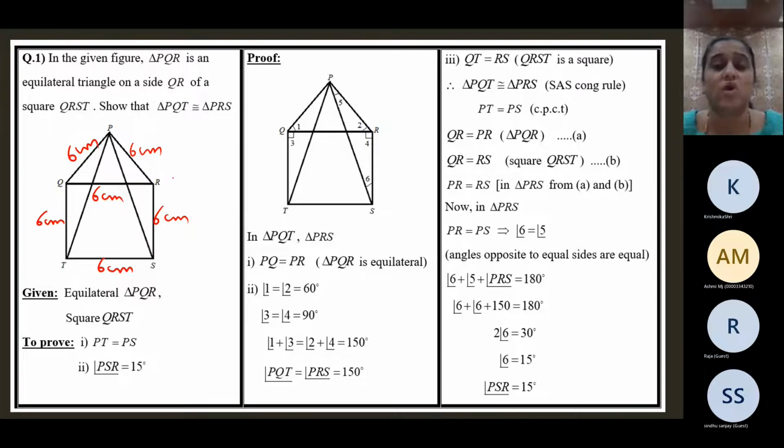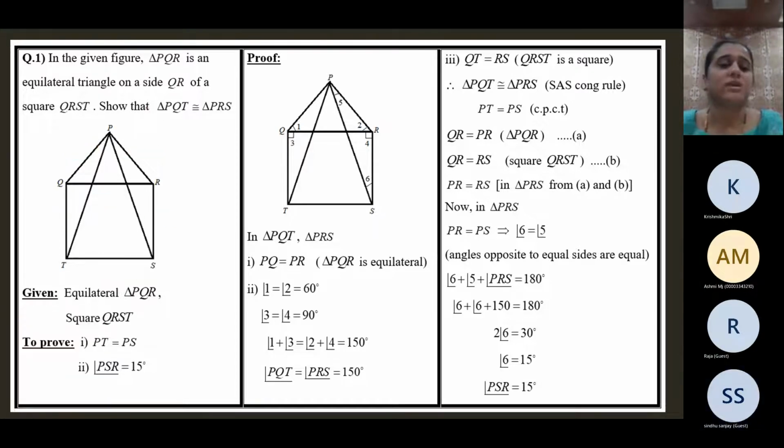So all these line segments measure 6 centimeters. That means the sides of the equilateral triangle and the sides of the square have the same length because one side is common to both. Is that clear, children?